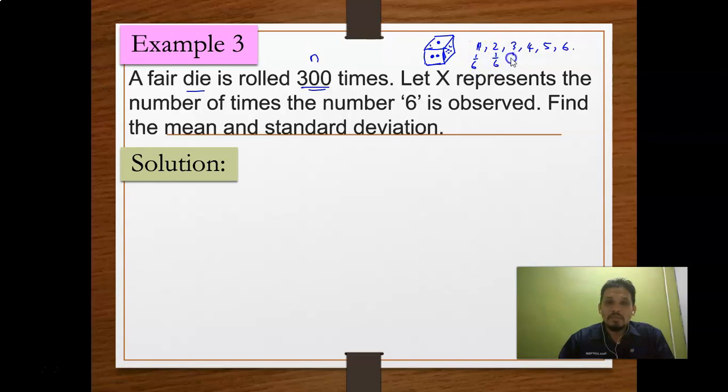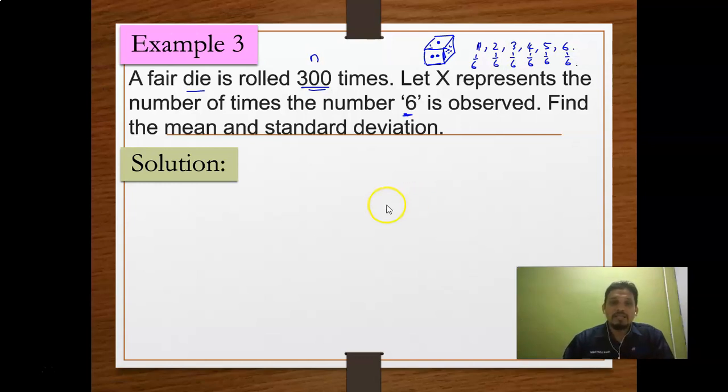Let X represent the number of times the number 6 is observed, so we look at the top surface of the dice and it gives us number 6.